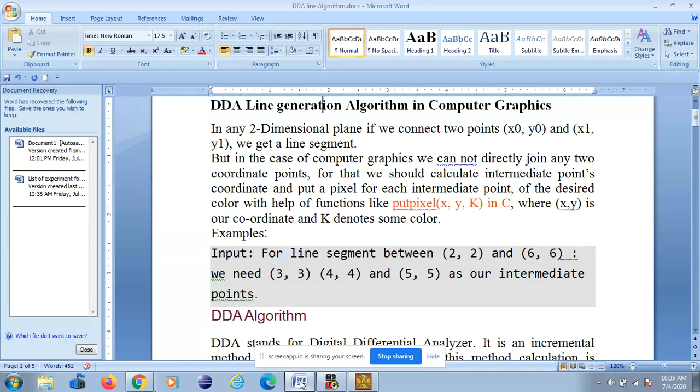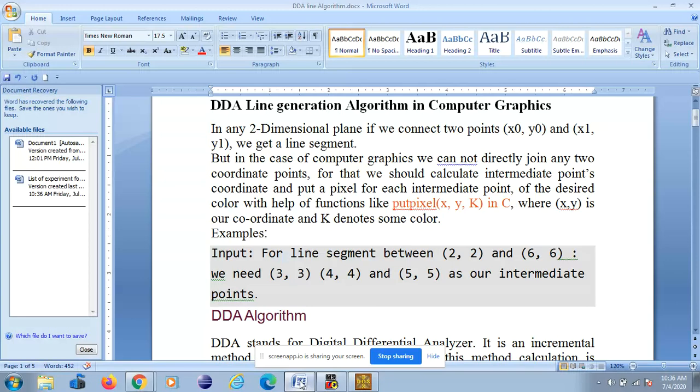In any two-dimensional plane, if you want to connect two points along with x coordinate and y coordinate, then we get a line segment. But in computer graphics, we cannot directly connect any two points along the x-axis and y-axis.